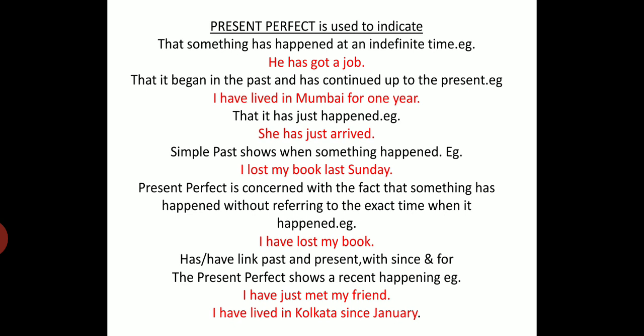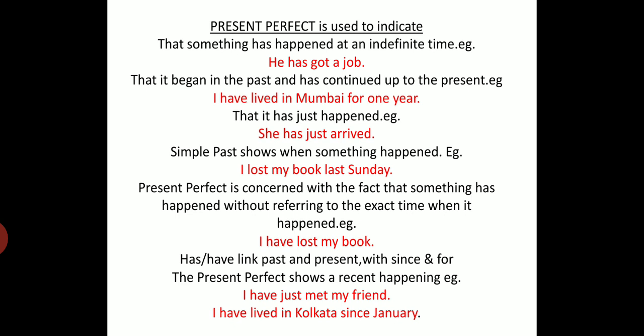Now let me give you an example with since and for. So, my dear children, if you want, you may note it down for since and for. I have lived in Kolkata since January. Yes, it's already there on the screen, so no need to write it down. Then, I have just met my friend.